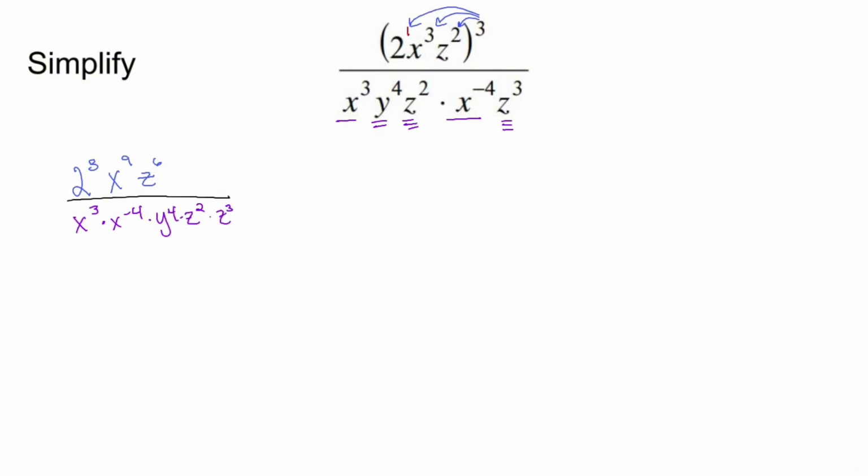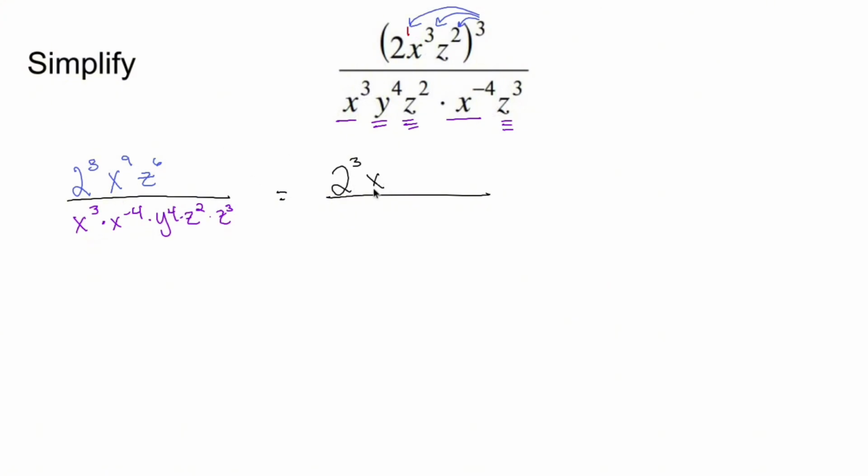Now looking at this, what I see is 1 and only 1 negative exponent and a fraction bar. Go through all 1, 2, 3, 4, 5, 6, 7, 8 terms of this and see if your term stays or moves depending on whether it has a positive or a negative exponent. If it's a positive exponent, it stays. 2 to the positive 3 stays.